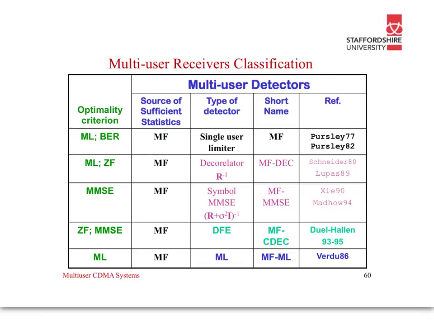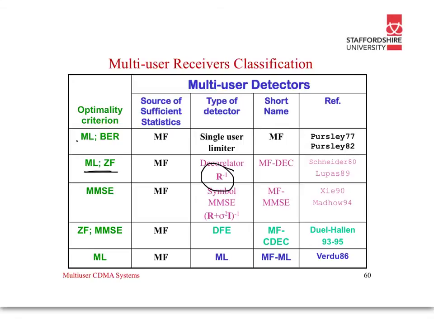So the classification: we have matched filters, we have maximum likelihood, because when we're receiving a sequence, we don't know what was transmitted, so we go by what was most likely transmitted. What's the bit error rate? We've got maximum likelihood, zero forcing, and minimum mean squared error, and we're going to explain what the decorrelator is, the zero forcing, and the minimum mean squared error, which is given by (R plus sigma squared identity matrix) to the power of -1.